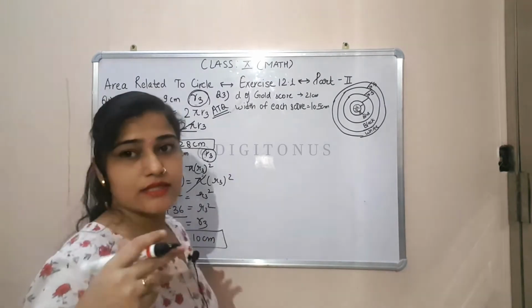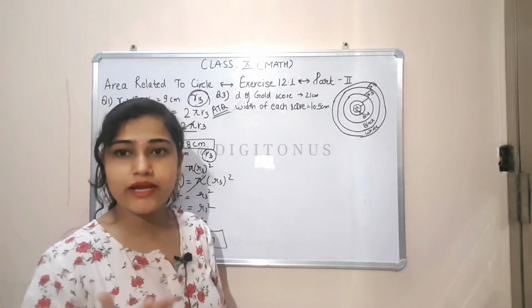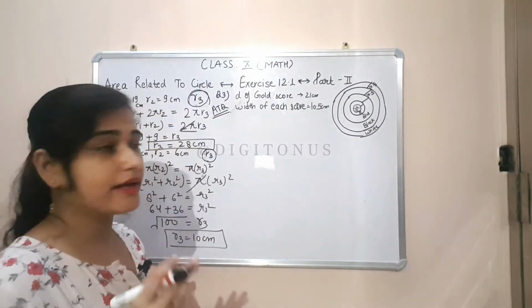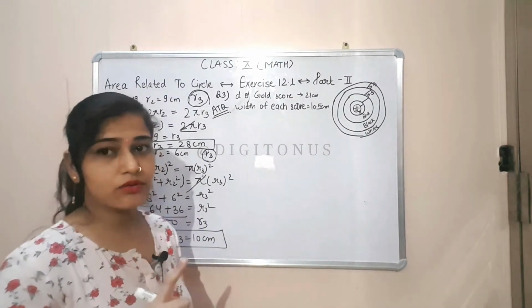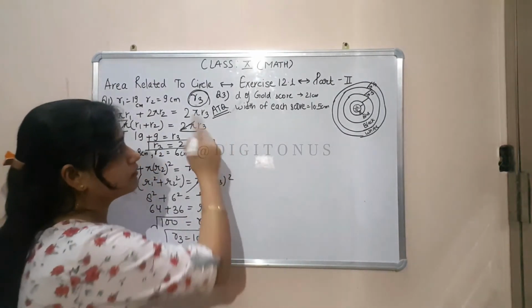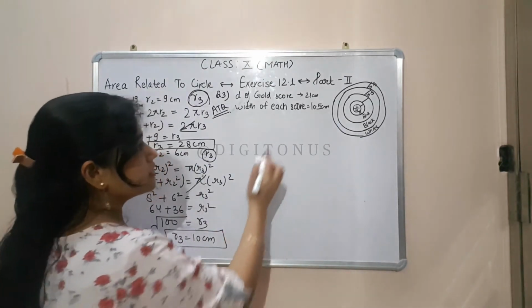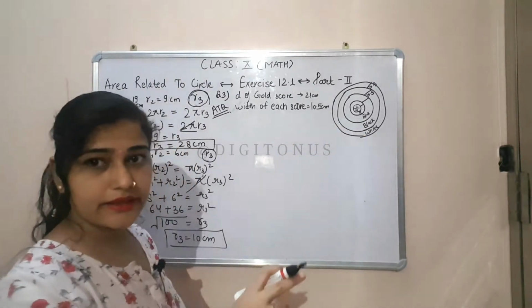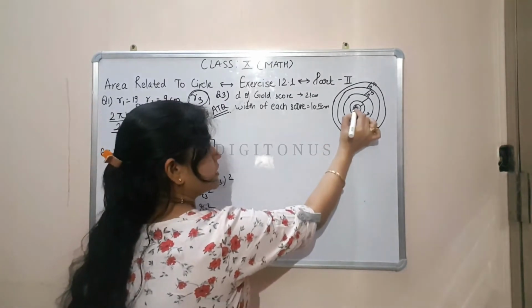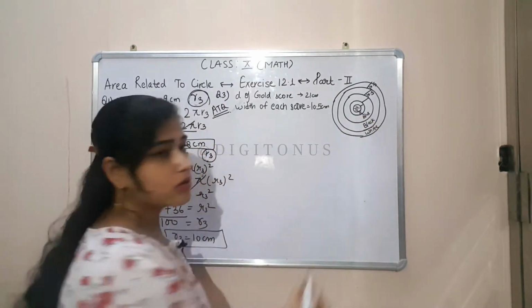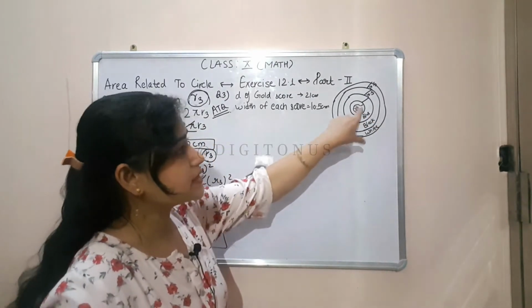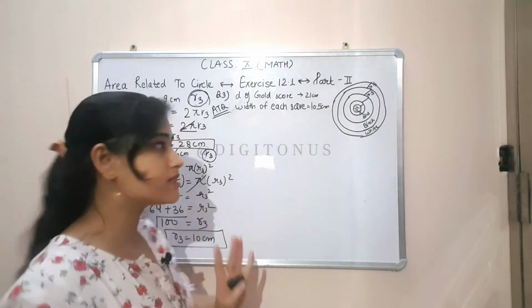So what is coming to your mind, which formula do we have to apply here? The area of a ring. That also I told you in the first part of the Area Related to Circles video. But before finding the area of the ring, we have to find the area of the gold region. And you can see the gold region is not a ring, it is a complete circle.